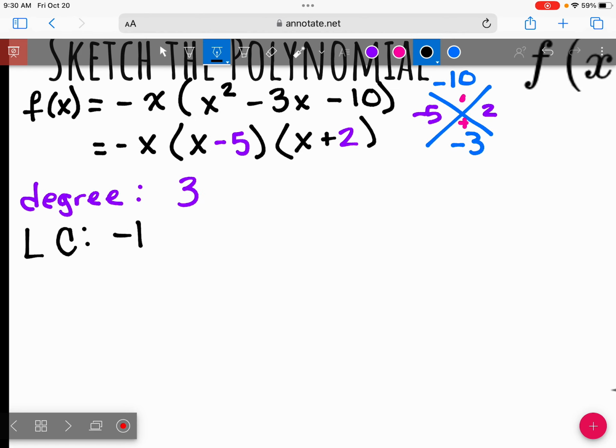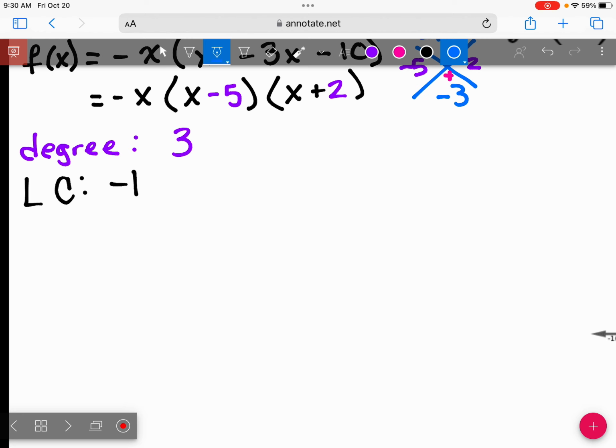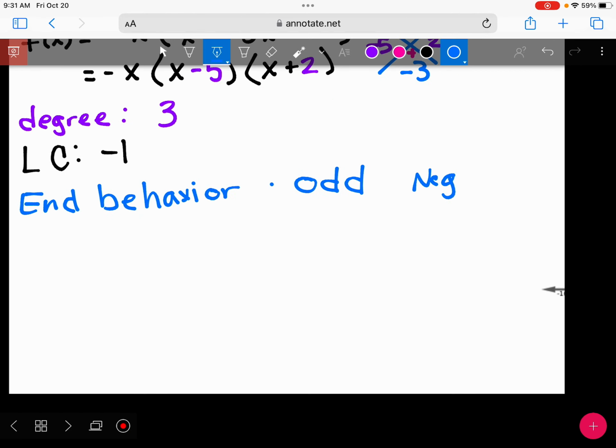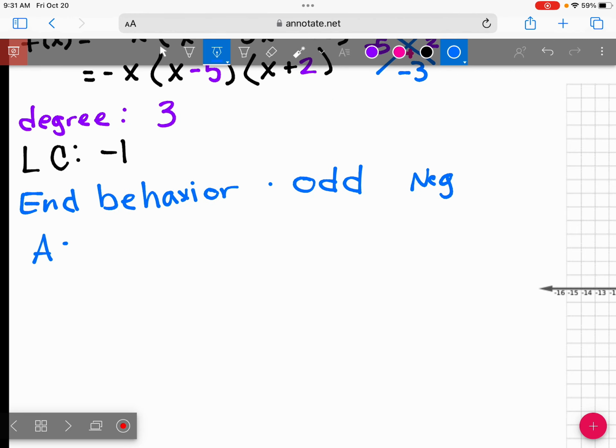So to find our end behavior, are we going to be looking at evens or odds? Odd. And is it going to be positive or negative? Negative. So as x approaches negative infinity, f of x approaches what?